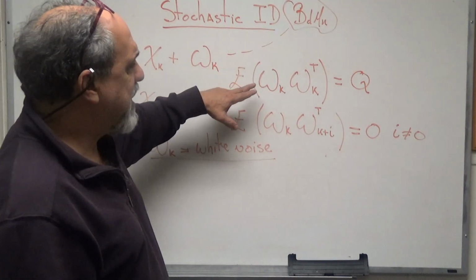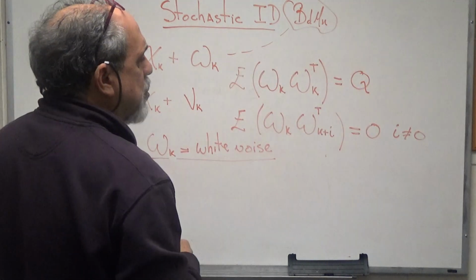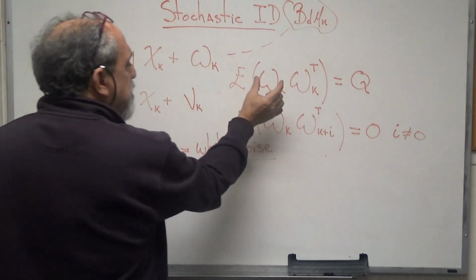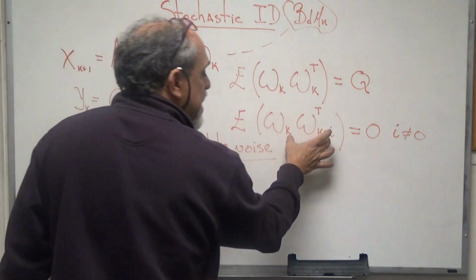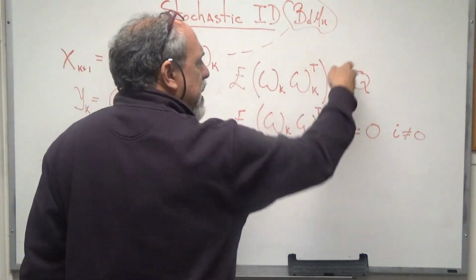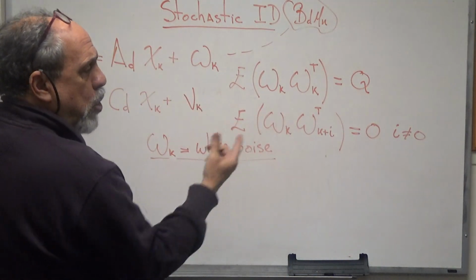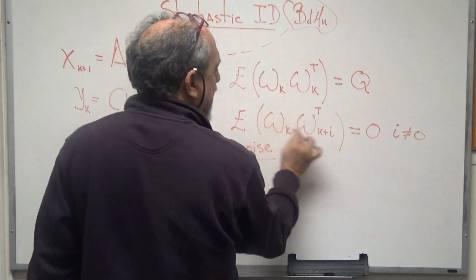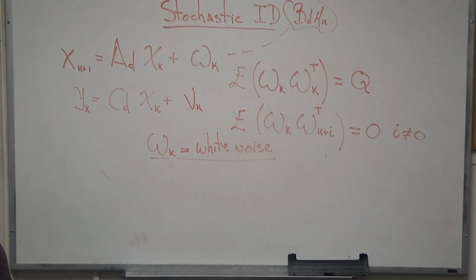You may have an omega_k from ambient vibration from the wind over a certain period, and if the distance between k and k+1 is reasonable, you can expect this to be okay. But if you make the time step too small, it's no longer logical to assume that omega_k and omega_(k+1) are uncorrelated, because at a hundred thousandth of a second, it's not true that what's happening now is not correlated to what's happening a thousandth of a second after, or even shorter.